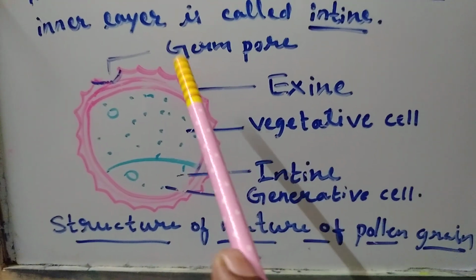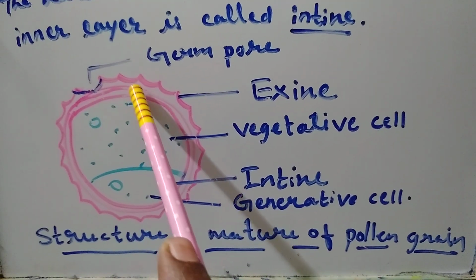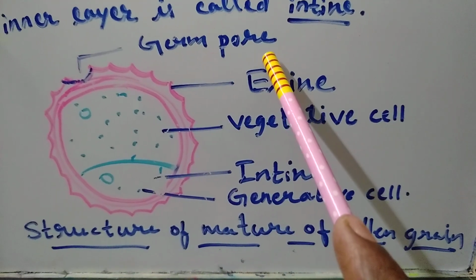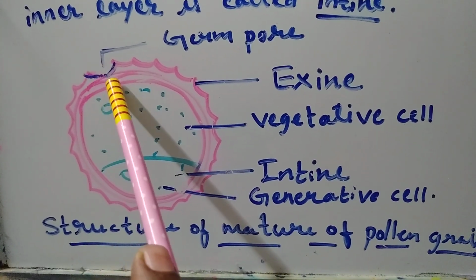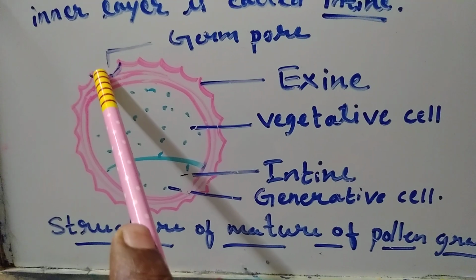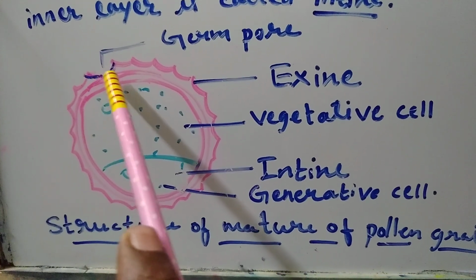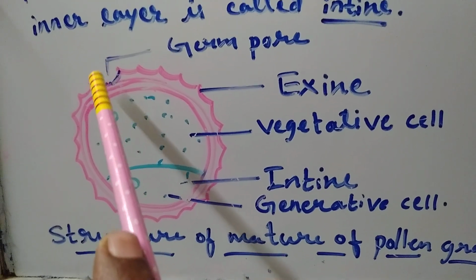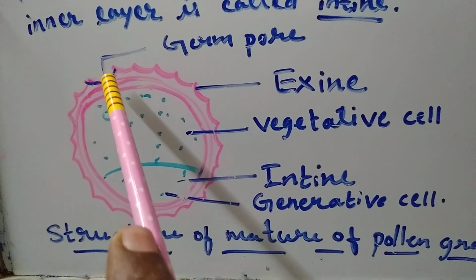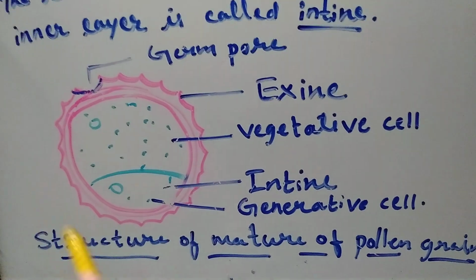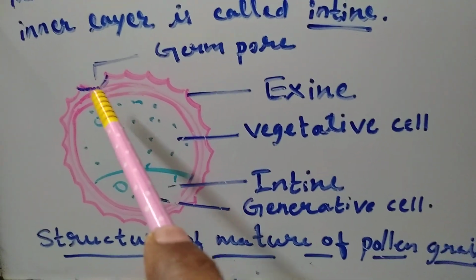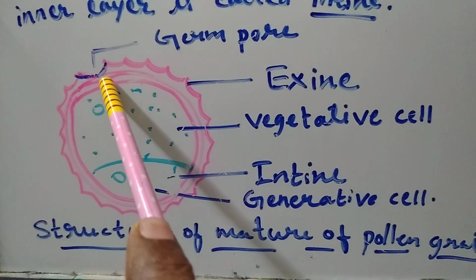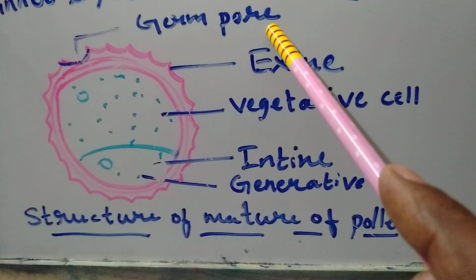Understood? After that, another part you are seeing here is the germpore. What is this germpore? In the germpore, there is no accumulation of sporopollenin. So you can see it is a thinner area of the pollen grain, a thin area of the exine, and it is known as germpore.